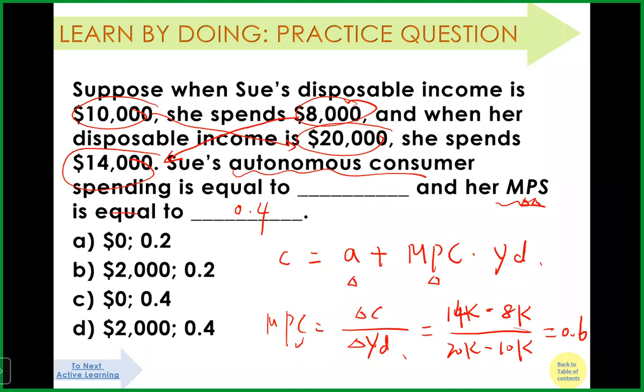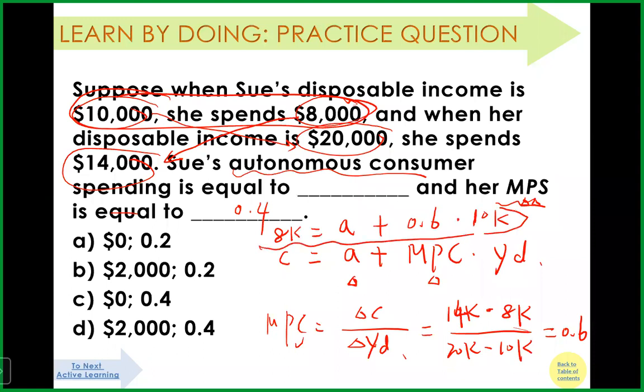Now, how are we going to find A? Basically, you plug this number inside. So you have 8K equals A plus 0.6 times 10K. Why do we have this equation?